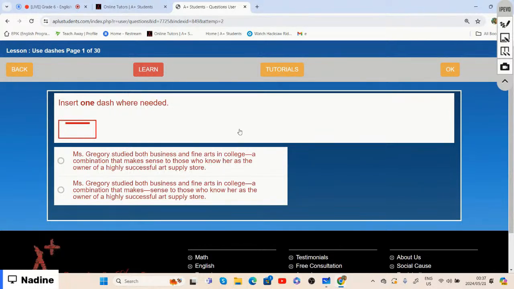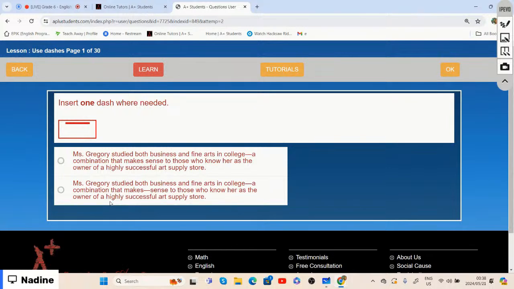All right. Is it option one or option two? Option one says Miss Gregory studied both business and fine arts in college, a combination that makes sense to those who know her as the owner of a highly successful art supply store.